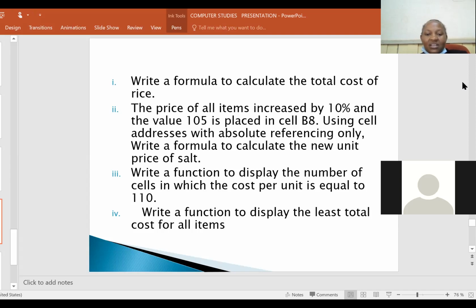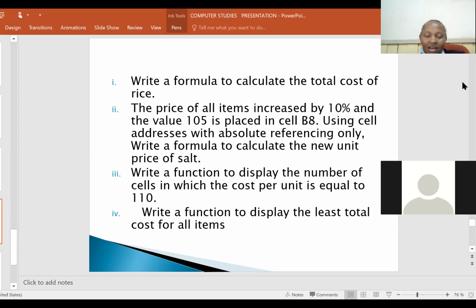Then the other one is: write a function to display the number of cells in which the cost per unit is equal to 110. Where you're required to write a function, it is strictly a function. You can write a formula or a function only when the question is requiring you to write a formula. But when it's a function, strictly write a function.